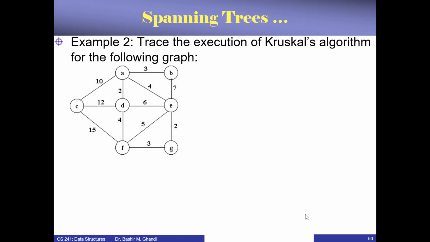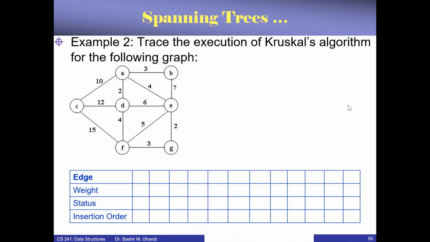So we're going to do it with this graph, which has even more edges than the first example that we saw. So tracing of the execution of Kruskal's algorithm using this graph. Here what we do is we use a table, but not the same table as we use in Prim's. This table has 3 or 4 columns.